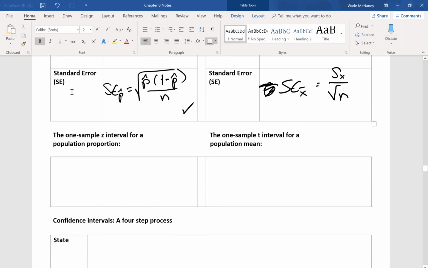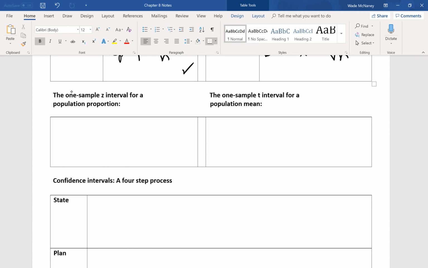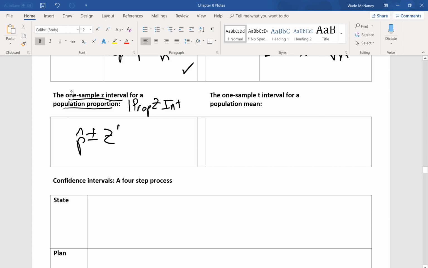Okay, so putting this all together for the formula. One sample z interval for population proportions. Again, a one prop z interval. The formula for it is p hat plus or minus z star times the square root of p hat times 1 minus p hat all over n.